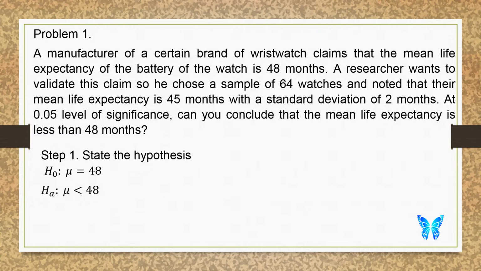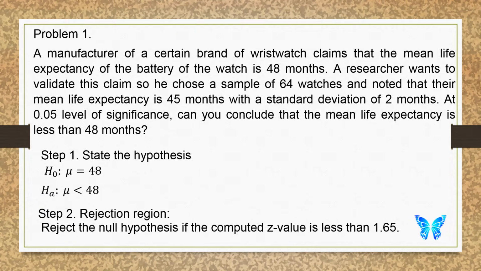For step number 2, this is the time that we identify our critical region. We reject the null hypothesis if the computed z value is less than negative 1.65. By the way, in this type of problem we have to use z-test, because as we observe, the sample is more than 30.